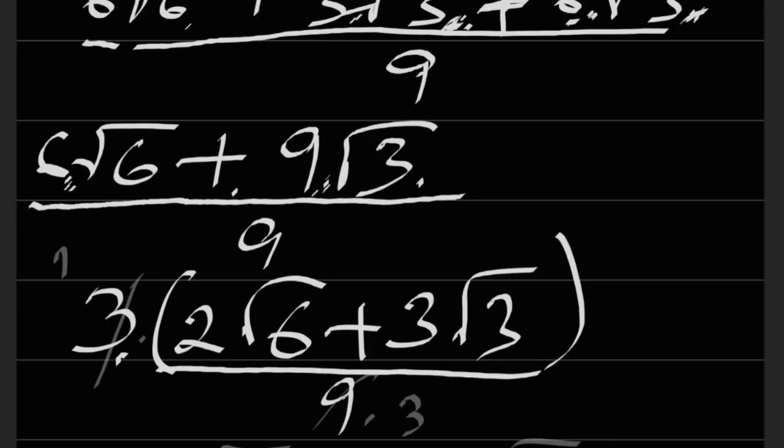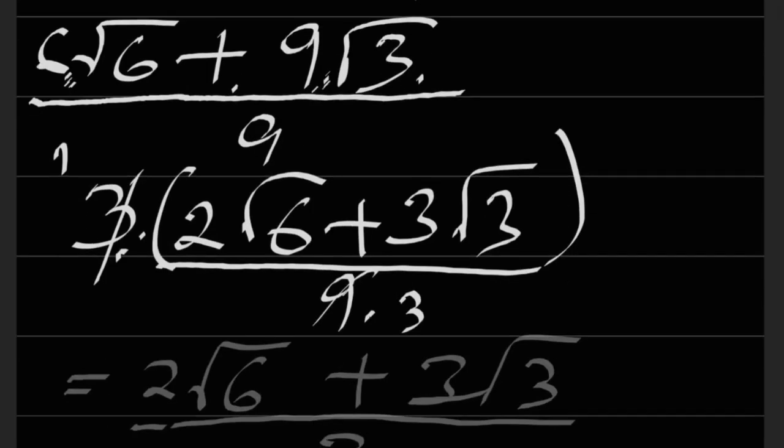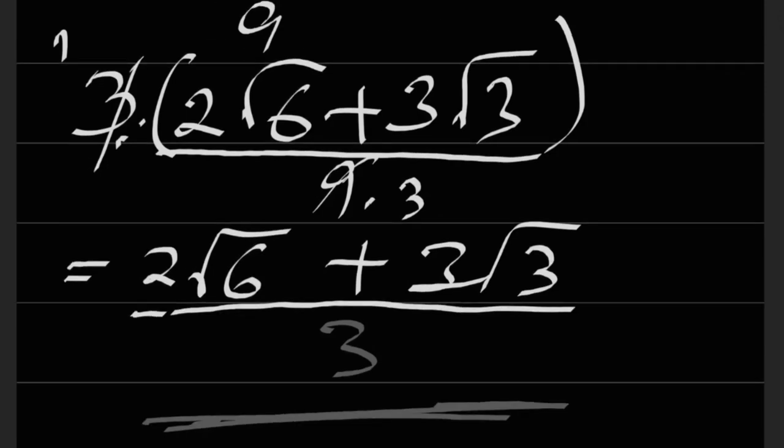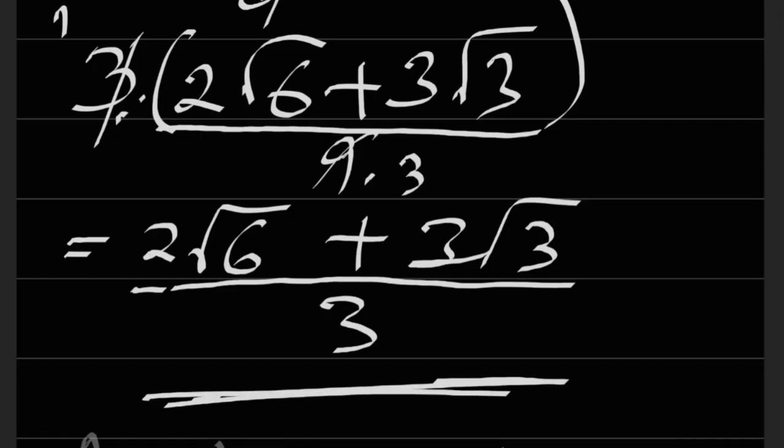So at this point, we check if there is something that can go here and here. Then we reduce it. 3 here, 1, 3 here, 3. So we are now left with 2 root 6 plus 3 root 3 all over 3. That's our answer.